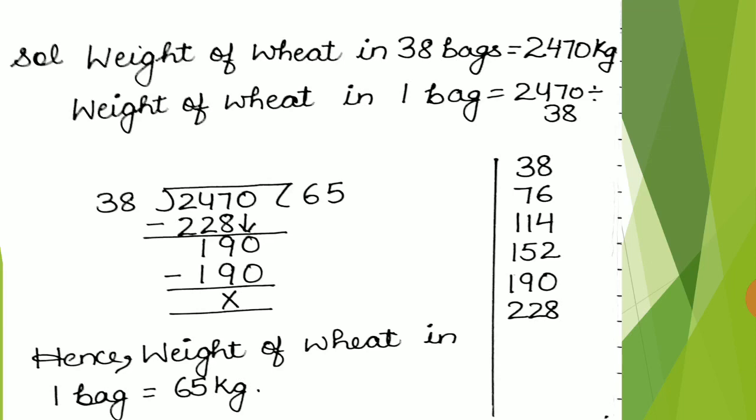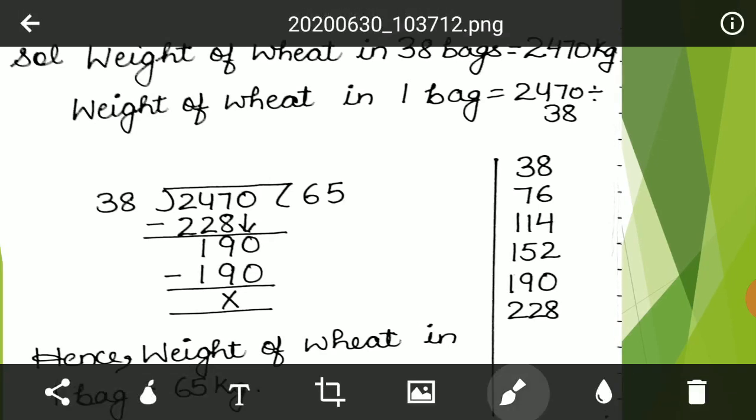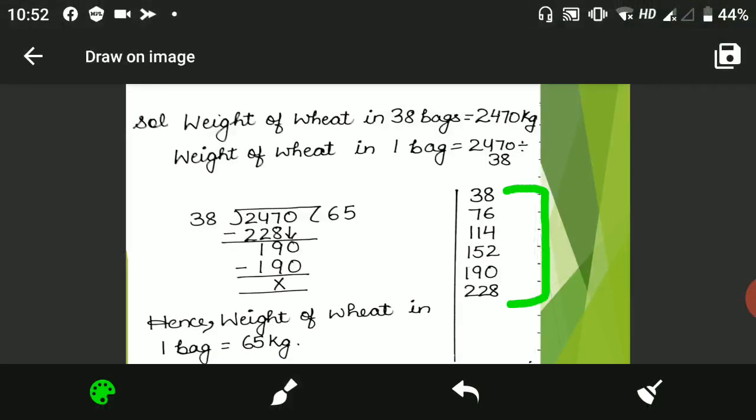2470 divided by 38. Now I have written the 38 table over here in a rough column. With the help of this I will do the division. 38 write down and in the bracket you write down 2470. Now in the 38 table, which number is closer to 247? That is 228. Its position is 6. So I have written 6 over here and 228 you have to write here.